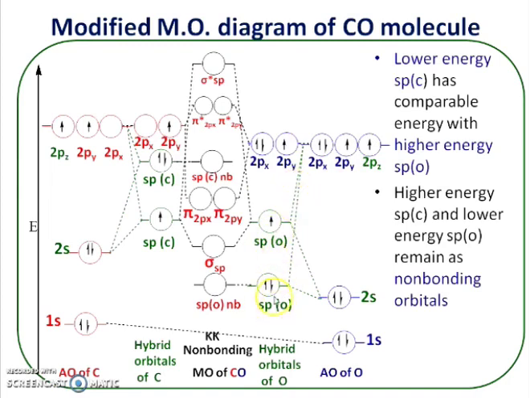In this way, in the sp hybrid orbitals of oxygen, there are 3 electrons. The lowest sp hybrid orbital of oxygen contains 2 electrons, the higher energy sp hybrid orbital of oxygen contains 1 electron, and the unhybridized 2px and 2py orbitals contain 3 electrons.